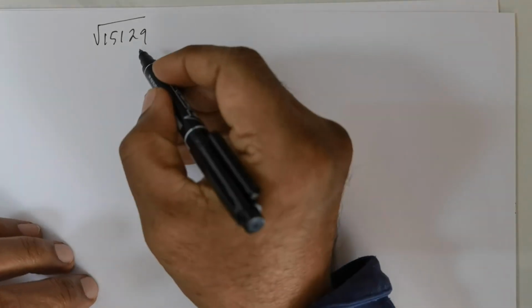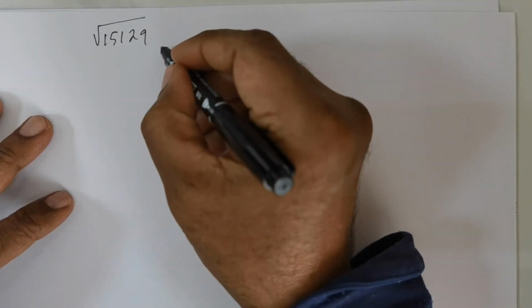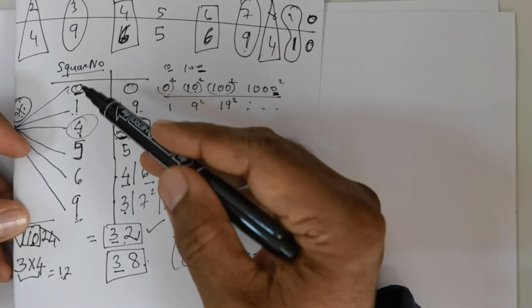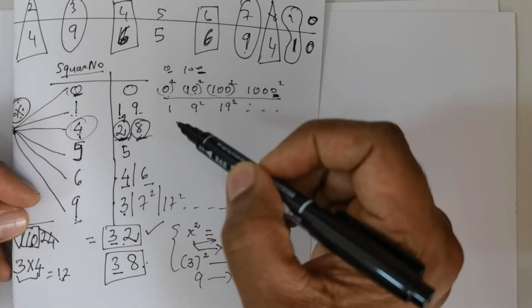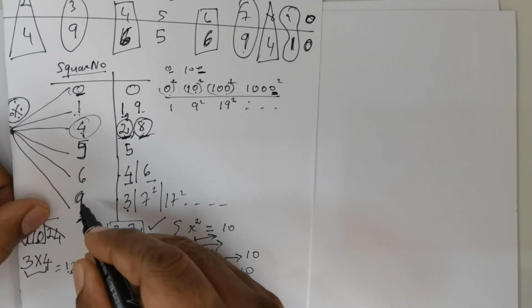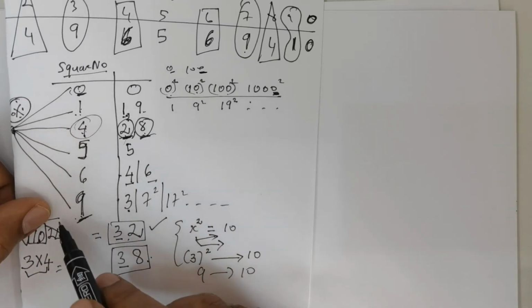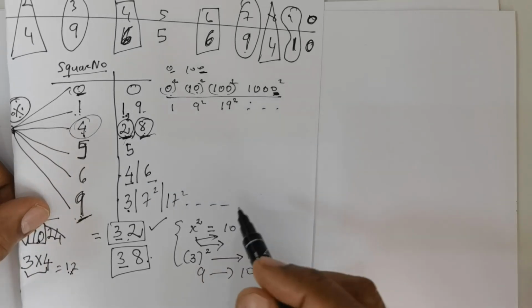So let's find out the square root of 15129. Now clearly you got a 9 there, so go back to the table I've given you. What number upon being squared produces 9? This is the requirement. Clearly 3 squared will produce me 9, 7 squared will produce me 9 at the unit place, similarly 17 squared, and so on and so forth.